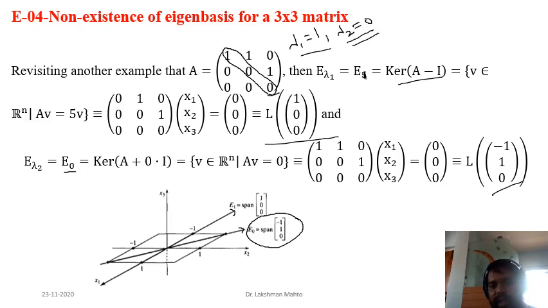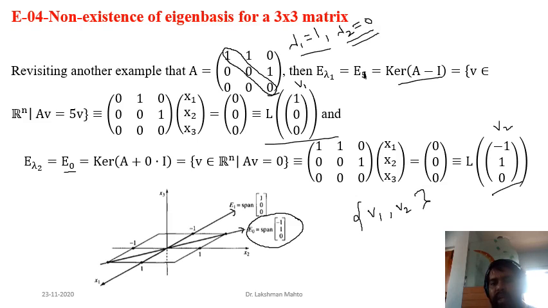So we get only two eigenvectors: v1, which is 1 0 0 and associated with eigenvalue 1, and v2, the second eigenvector, associated with 0. We observe that we have only two eigenvectors.